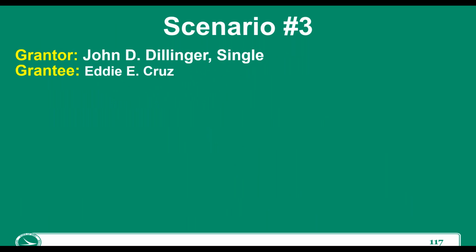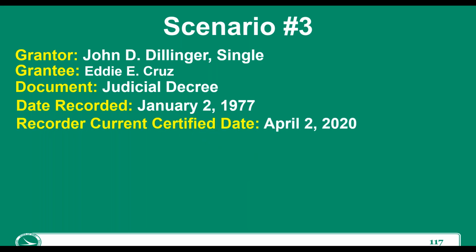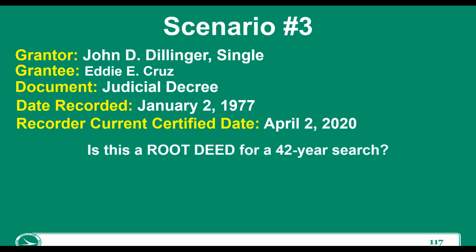Number 3, we have John D. Dillinger, single. The grantee, Eddie E. Cruz. It's done by judicial decree. And the date recorded was January 2nd, 1977. And your certified date's April 2nd, 2020. Is this a root deed for a 42-year search?